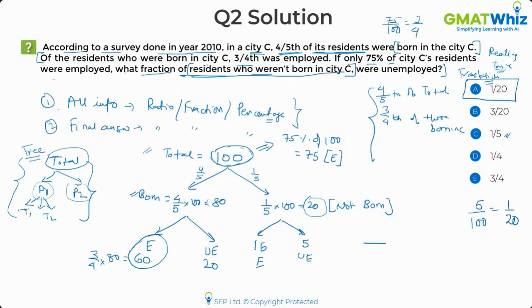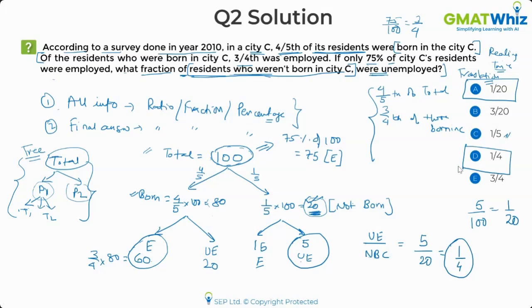The reference point is residents who weren't born in city C. Of those people, which is 20 people, what fraction were unemployed? So out of those who were not born in city C, how many were unemployed? Unemployed is 5, out of a total of 20. So the answer in this case would be 1 by 4, which is option D.